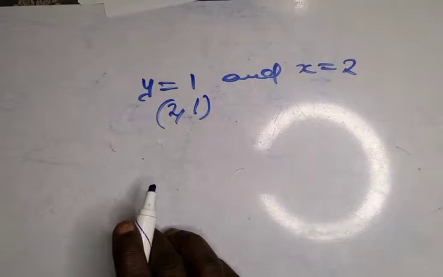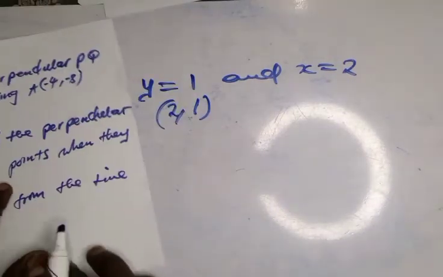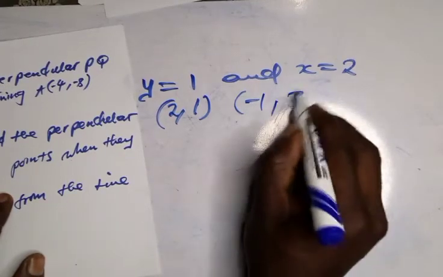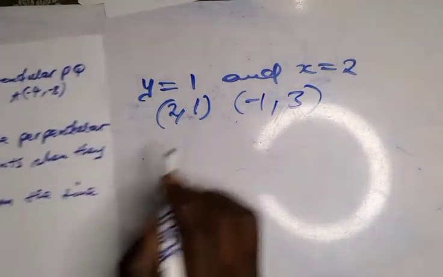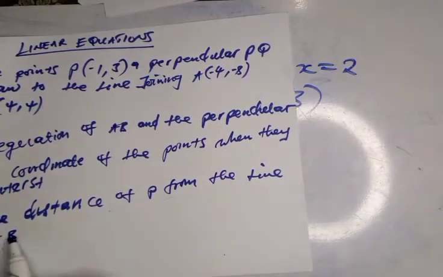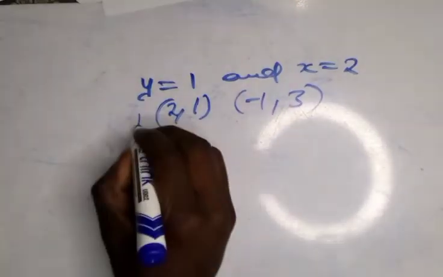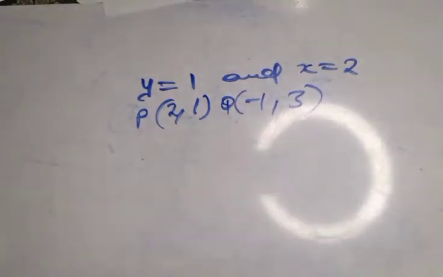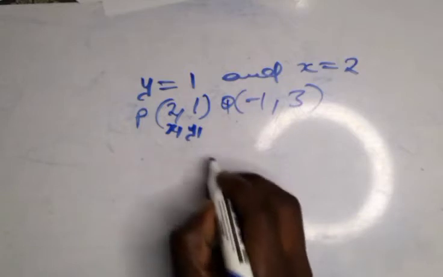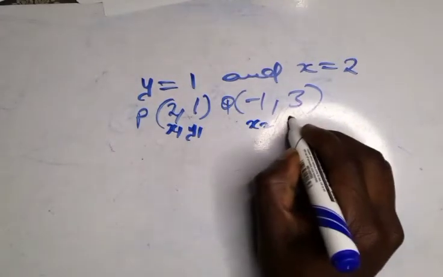So the point we have been given is for P, it is minus 1, 3. So this is the point we are going to use to find the distance of P from the line AB. So this is P and this is Q. So this is x1, y1, x2, y2.